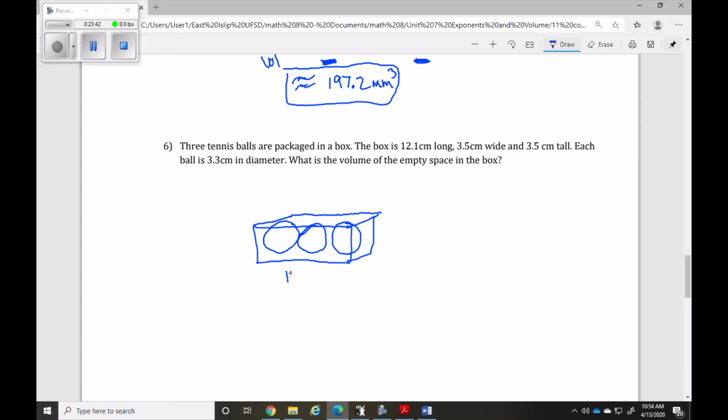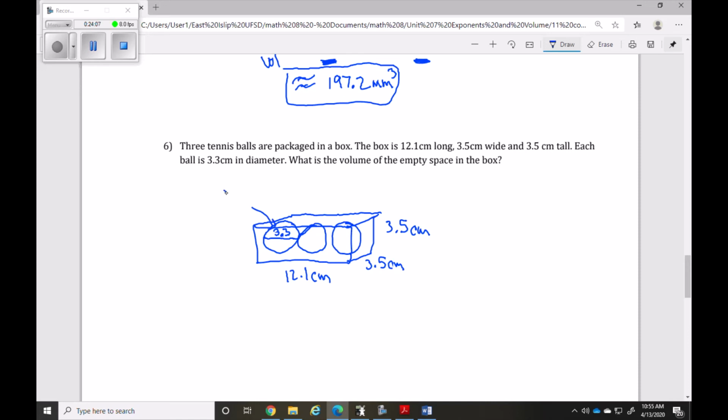The box is 12.1 centimeters long and 3.5 centimeters wide and 3.5 centimeters tall. And each ball is 3.3 centimeters in diameter.